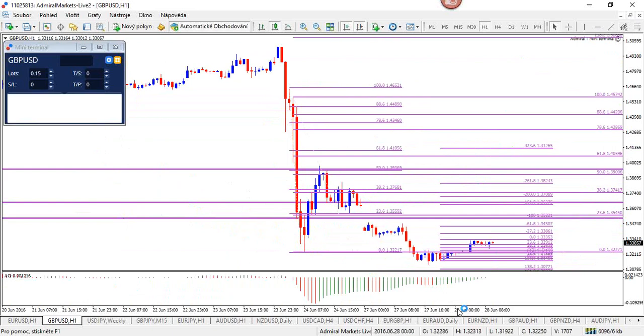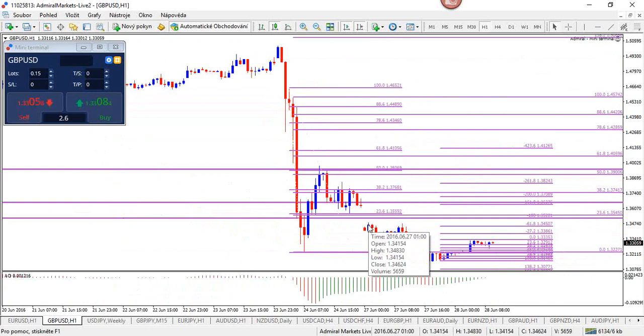This could be a wave C, which means that this could be the final push before we turn. And from that perspective, closing the gap is possible, definitely. But doesn't have to be. Myself, I'm not a gap trader, so I don't have any, let's say, strategy that would try to capture a gap.